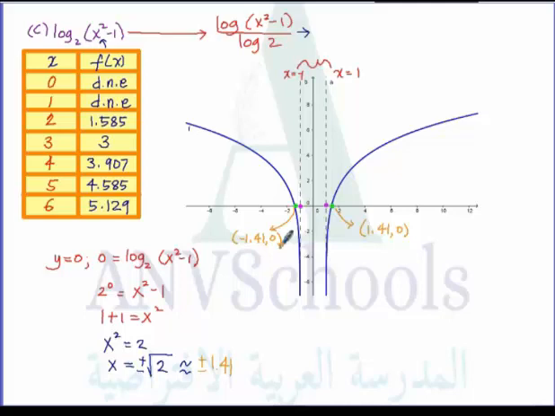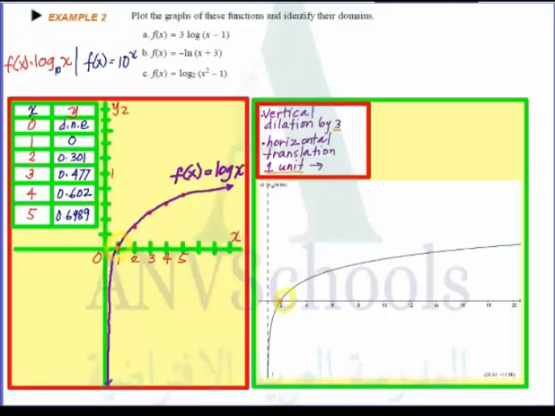So now we would like to get the domains of these functions. Let's begin with the first graph that we did. The first graph is a logarithmic function having an x-intercept at 2 and an asymptote at x is equal to 1.